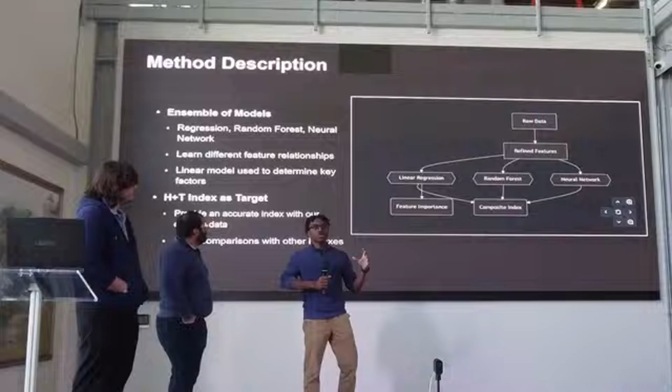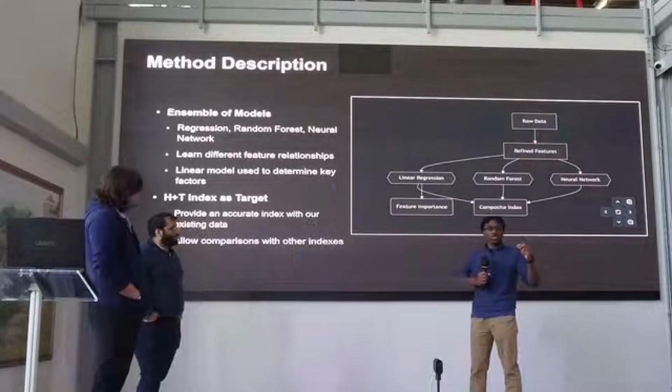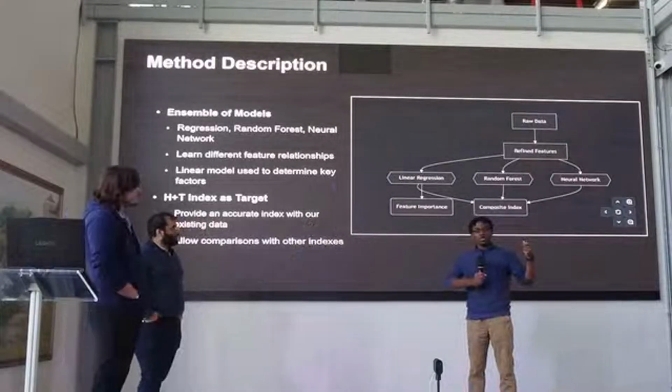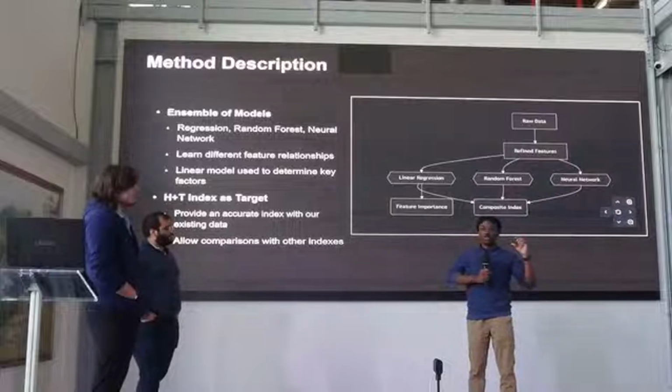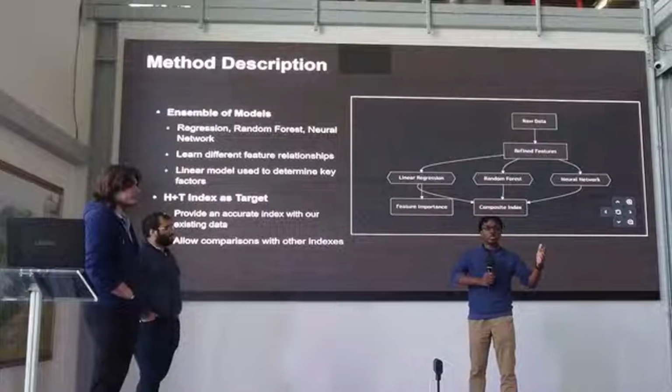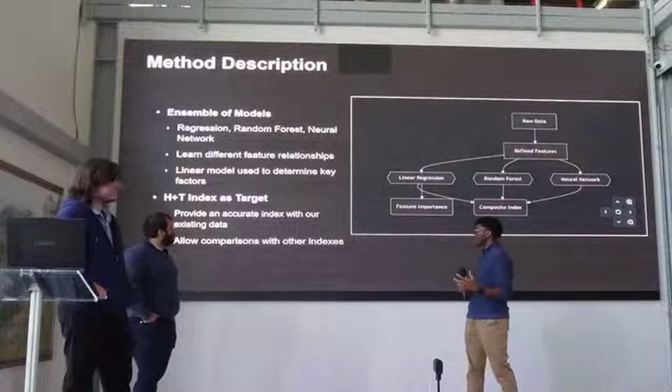So we decided to use an ensemble model, so it is easy to pull out the relationships that were learned, and that way government officials will be able to pinpoint exactly what is influencing affordability. Two reasons.